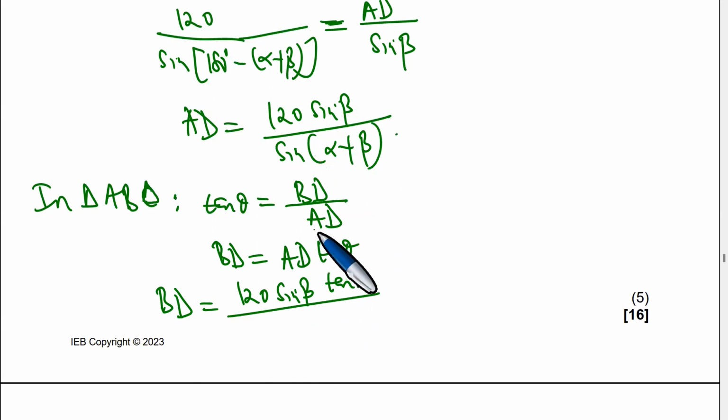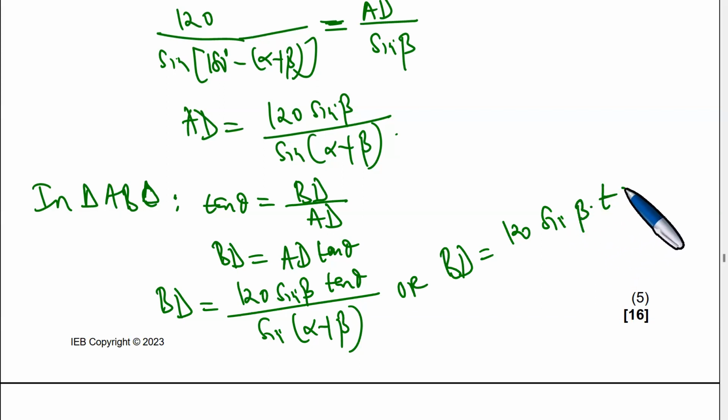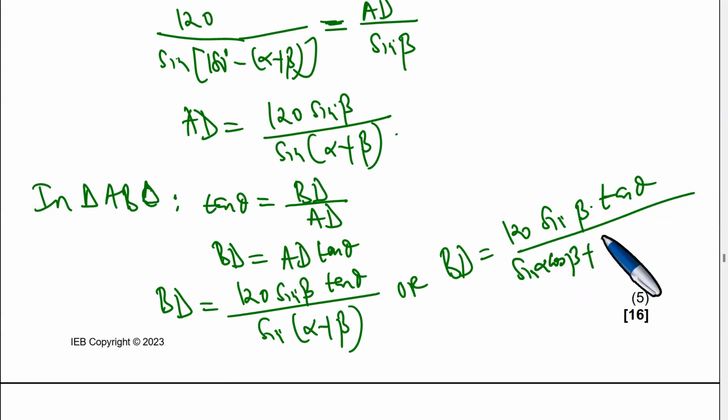And then the bottom is the sine of alpha plus beta. This is not the only way you can write the answer. You can also write that BD is 120 times sine of alpha cosine beta plus cosine alpha sine beta.